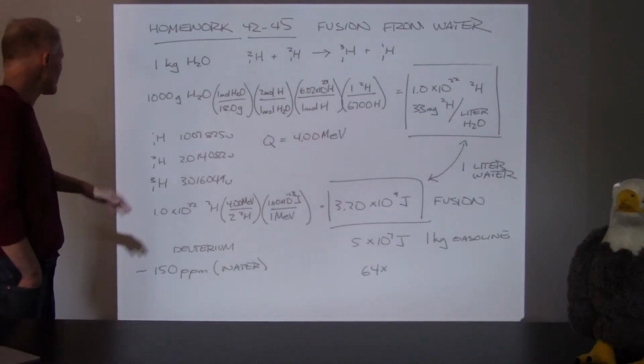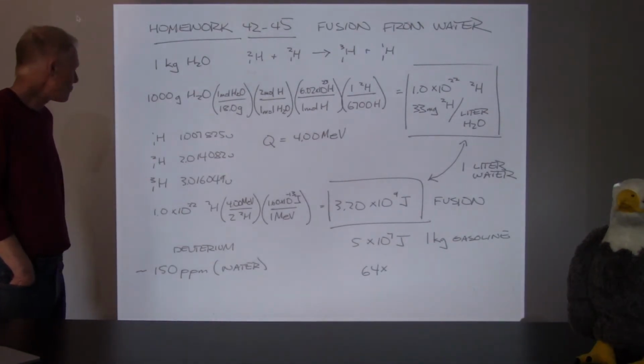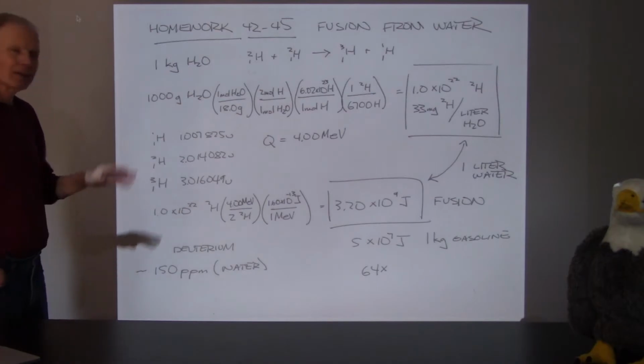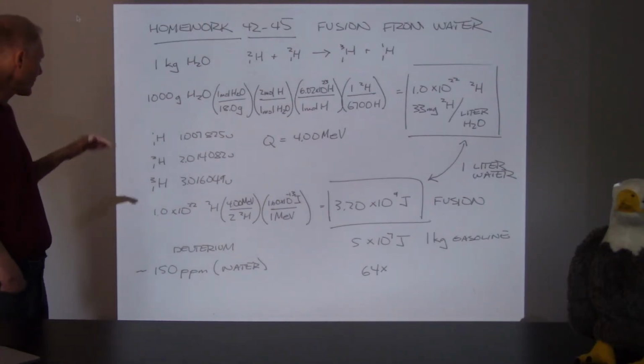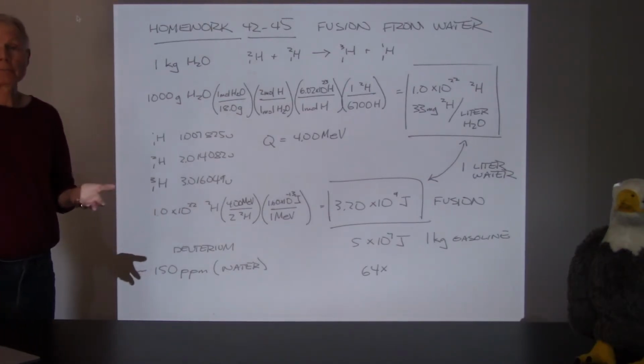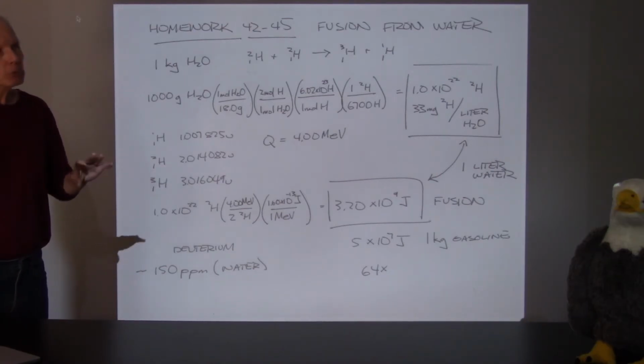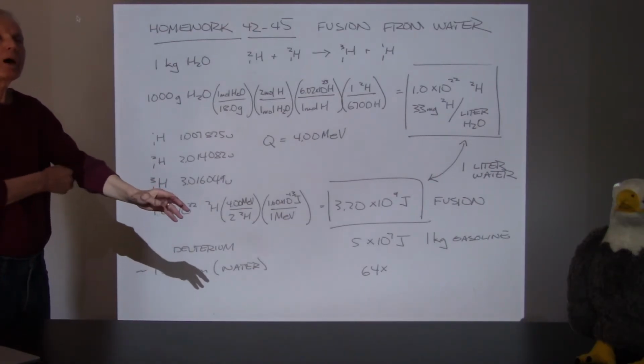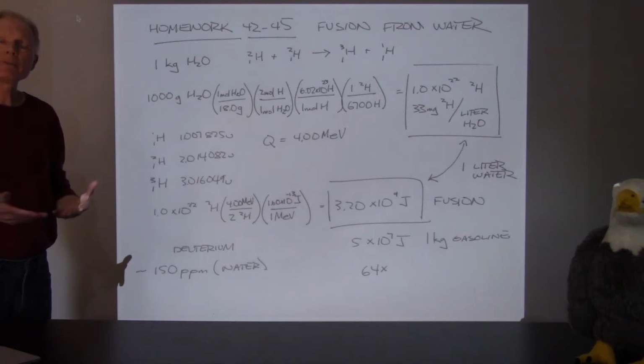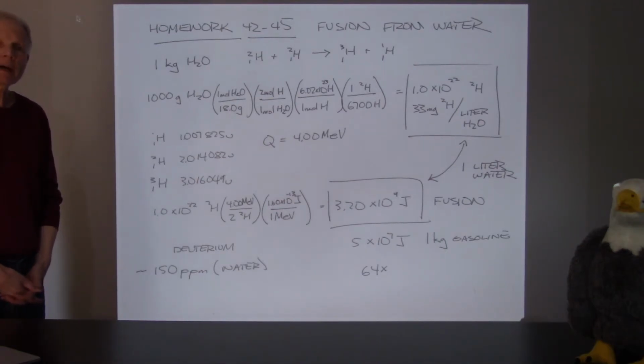Now, that abundance, that 150 parts per million, is a number I was looking up, and it applies to the water present on Earth. But maybe a little surprisingly, maybe not, the deuterium abundance is different in different compounds.